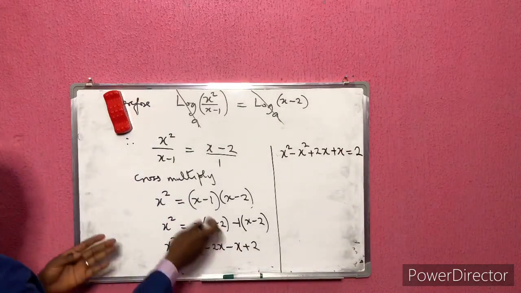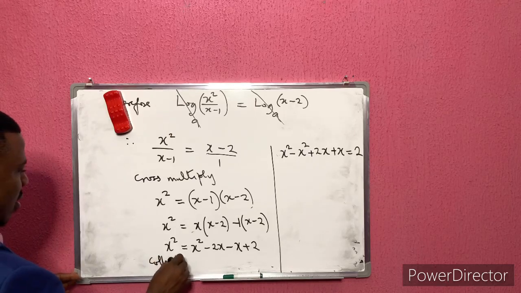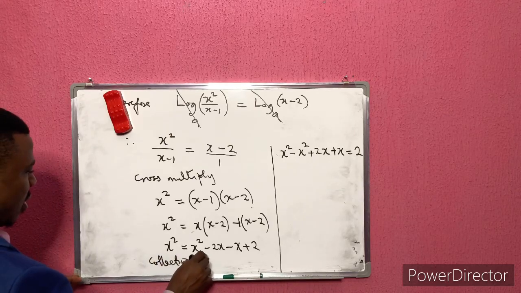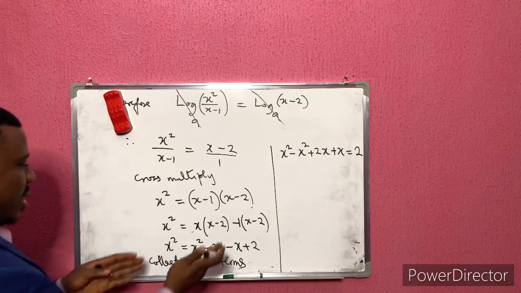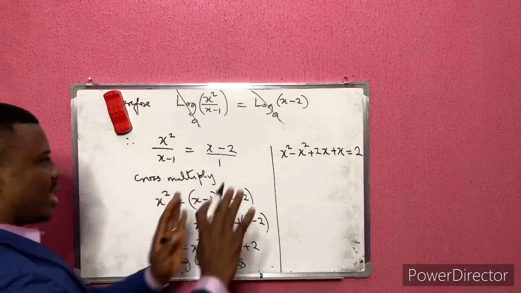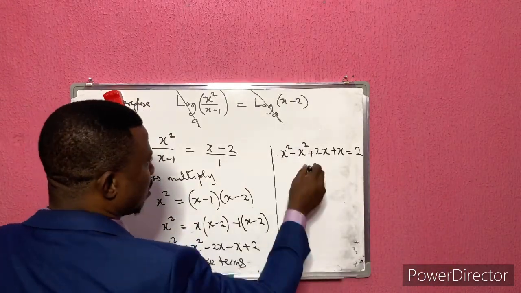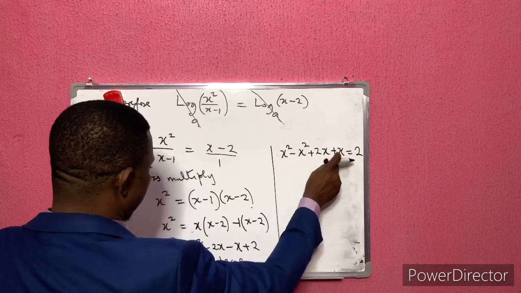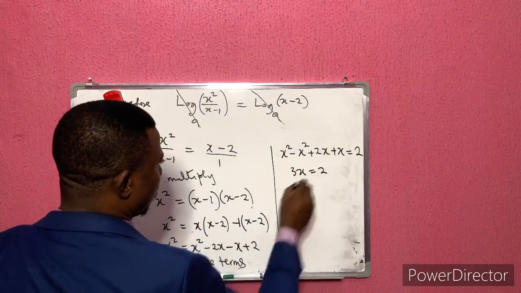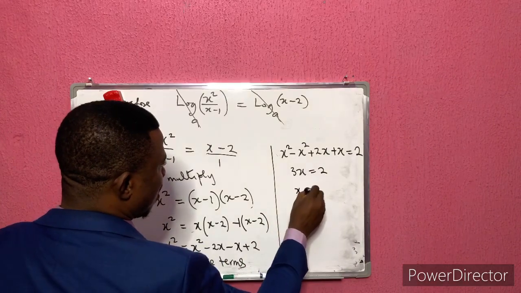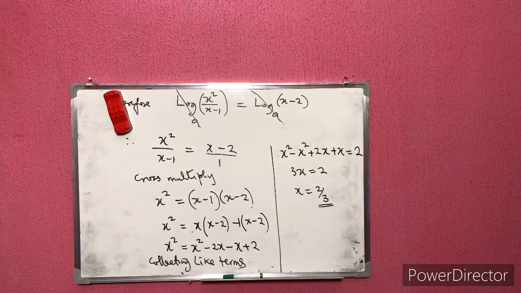That is collecting like terms. Let x be this side, let non-x be this side. X squared minus x squared will go. So I have 2x plus x gives us 3x equals 2. So x is equal to 2 over 3. That is your answer. It's very easy.